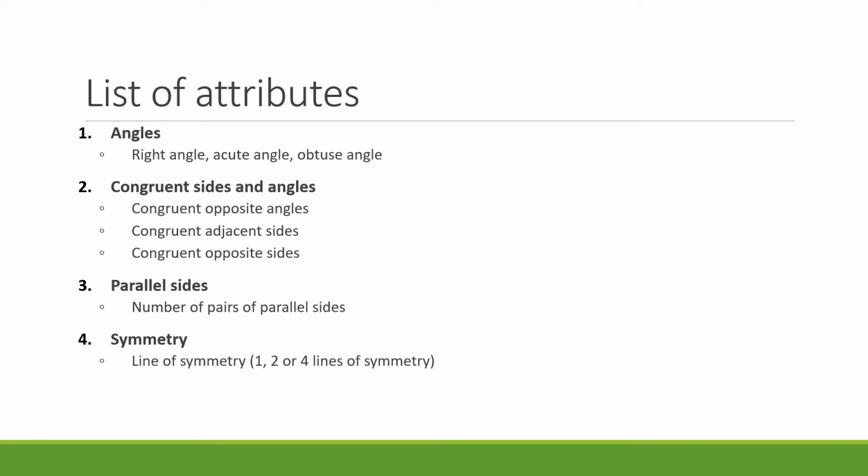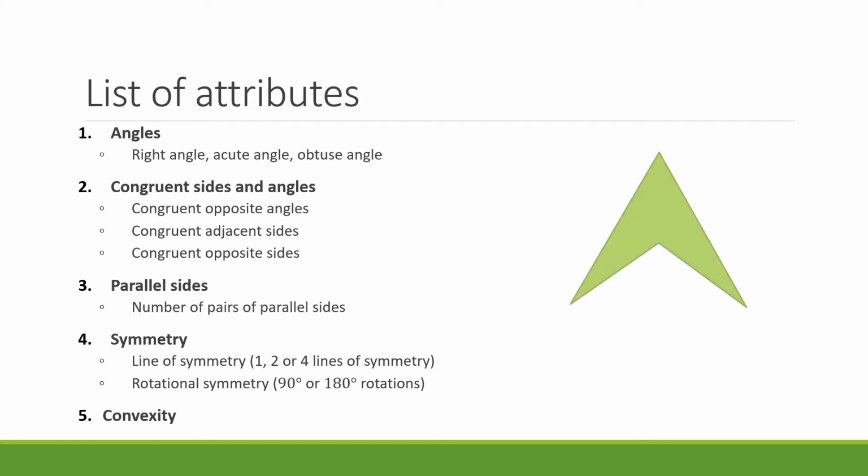For example, we can have a line of symmetry, or we can also have a rotational symmetry. And finally, something special to quadrilaterals, unlike triangles, we can also talk about convexity. These are some of the attributes we'll be using when classifying quadrilaterals.